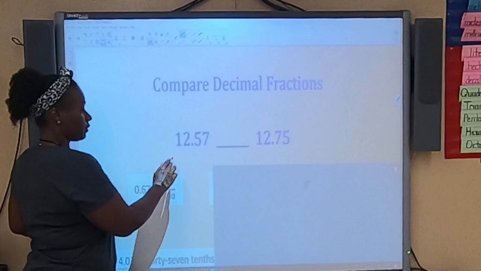Okay. Then it asks us to round to the nearest 100. So for this one, if I'm rounding to the nearest 100, the decomposed sentence I need to use is the one that starts with the 100.